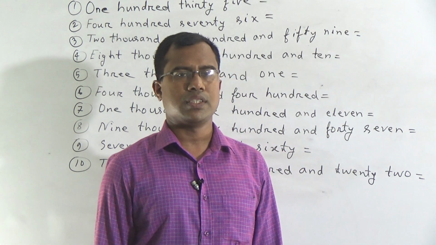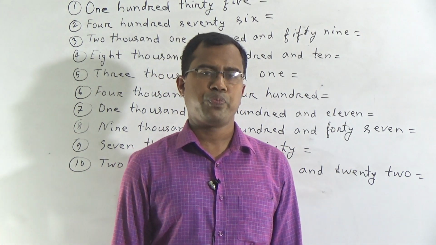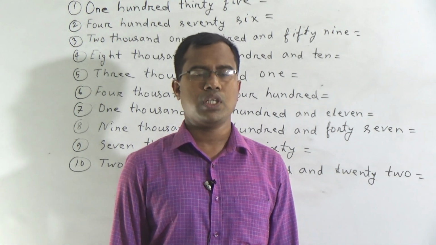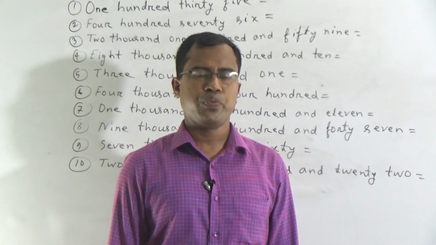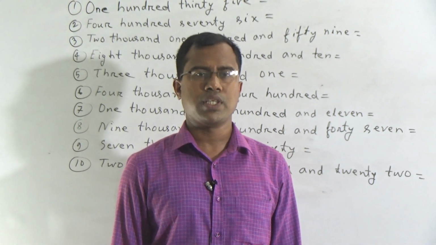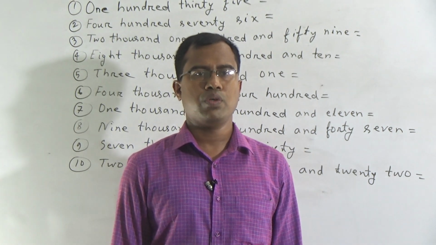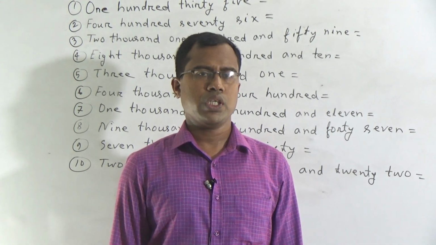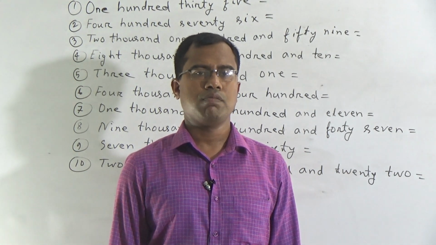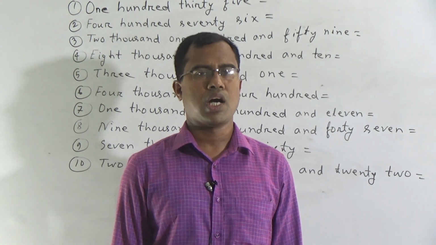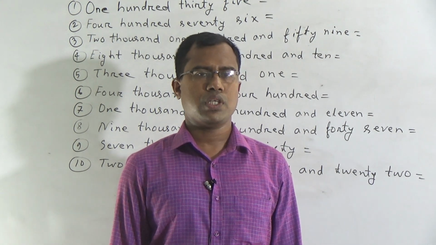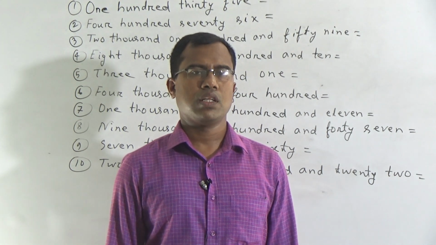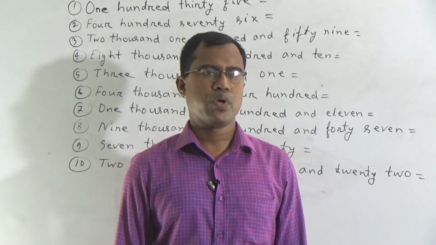Let us consider the digit 4. If we put 4 in the ones place, then the value of 4 is only 4. If we put 4 in the tens place, then the value of 4 will be 40. If we put 4 in the hundreds place, then the value will be 400. If we put 4 in the thousands place, then the value will be 4000.